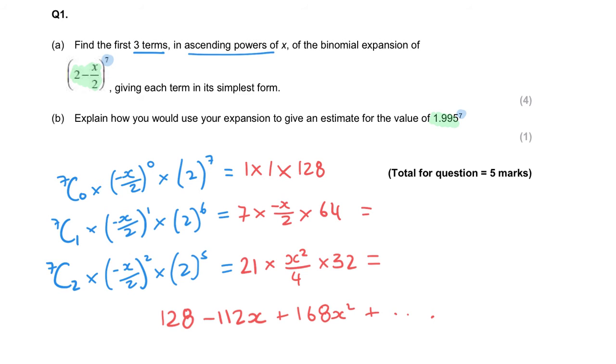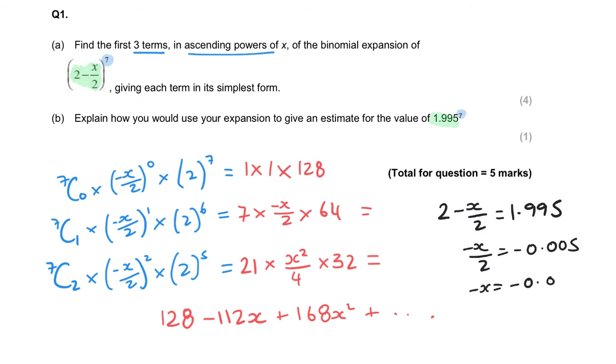So if we did 2 minus x over 2 equals 1.995 and rearrange this, so we're going to take away 2 from both sides, which equals negative 0.005. Multiply both sides by 2, negative 0.01.